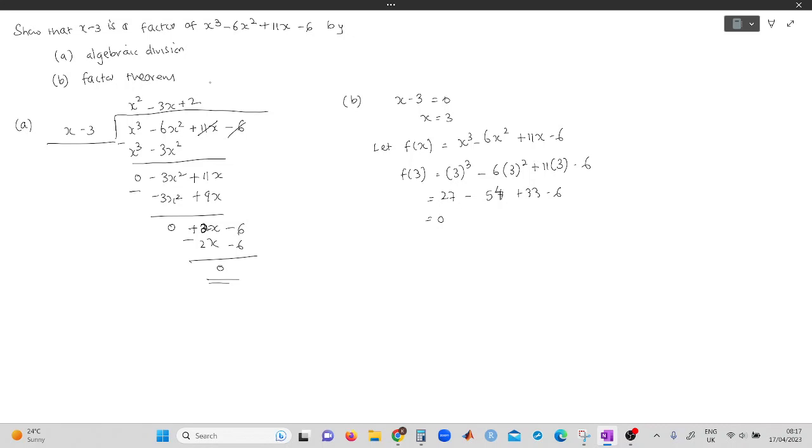Ok? Donc, je pense que c'est assez clair maintenant of how to do polynomial division and the factor theorem. Let me see if we have other... Okay. You can take other examples now.